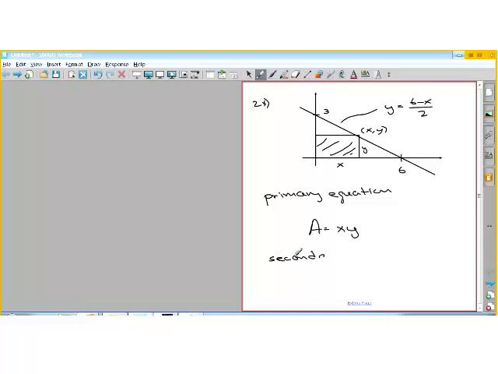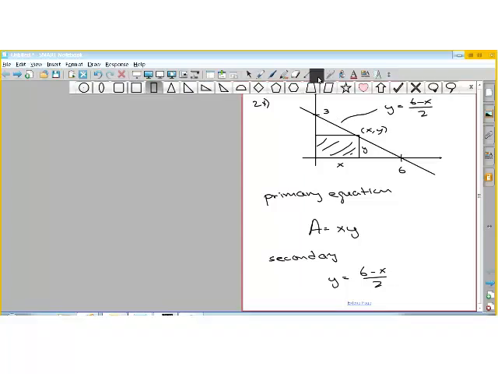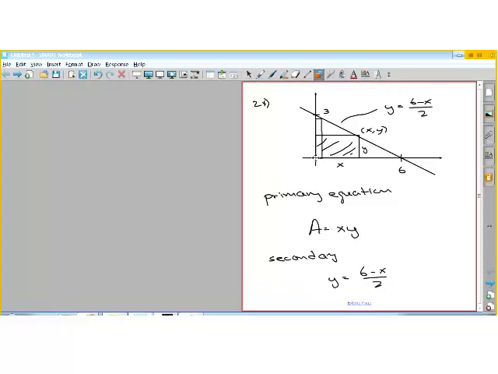And the secondary equation is just the equation y is equal to (6 minus x) over 2, because xy has to be constrained to be on this line. So if we were to pick another xy, I'm going to pick one that's really small, say here, you can see that area is a lot smaller than this area.